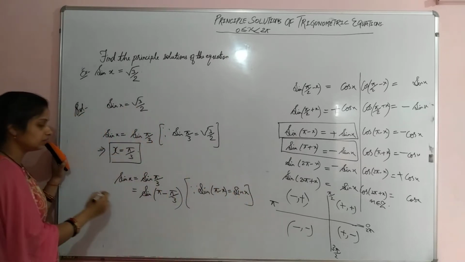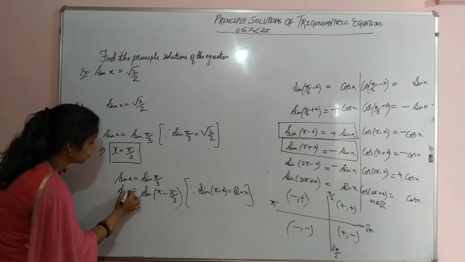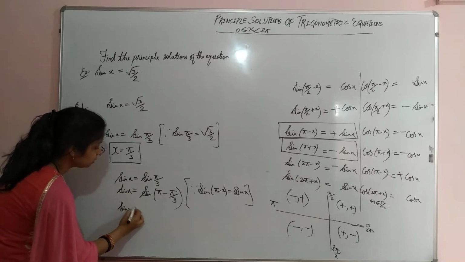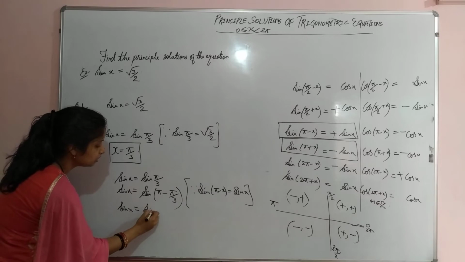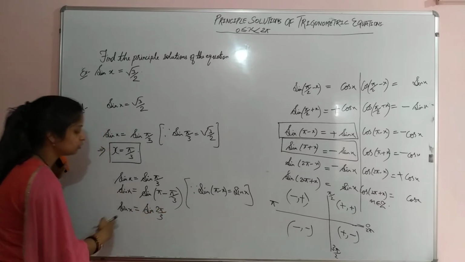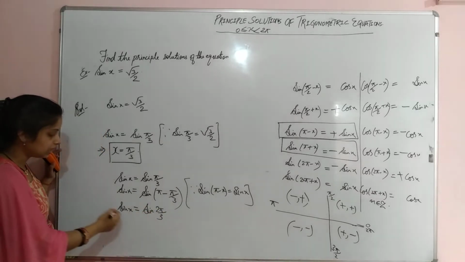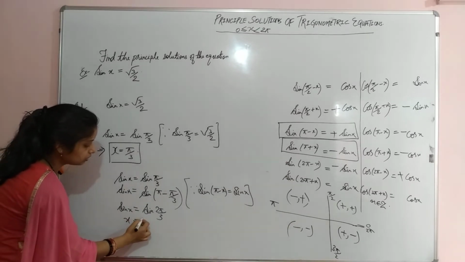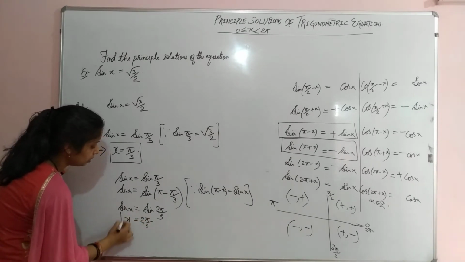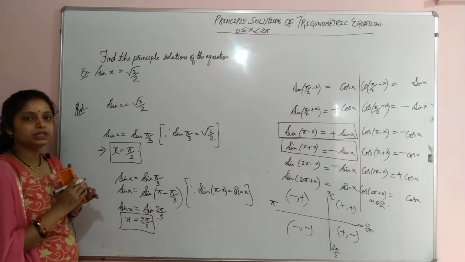Now solve this, this will be 2 pi by 3. So sine gets cancelled with sine by taking the inverse of sine. So x will be 2 pi by 3. So this is the second principal value.